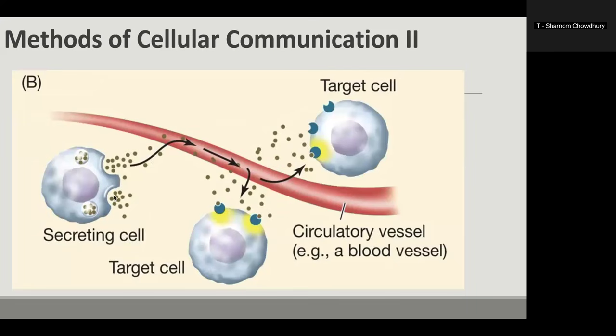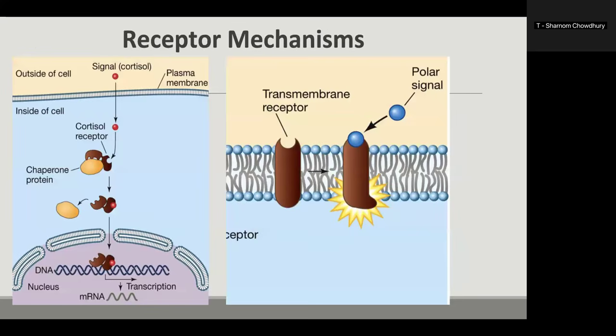And then endocrine is, like I mentioned, delivered to a distant target cell, target organ, etc. So you have what are known as cytoplasmic receptors as well as transmembrane receptors. Cytoplasmic receptors interact with lipid-soluble signaling molecules. For example, cortisol.